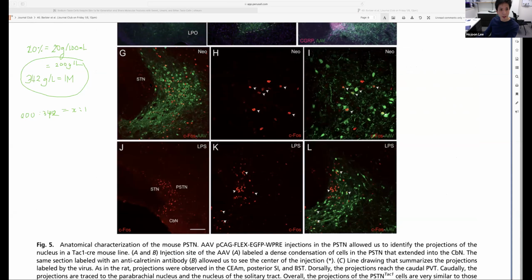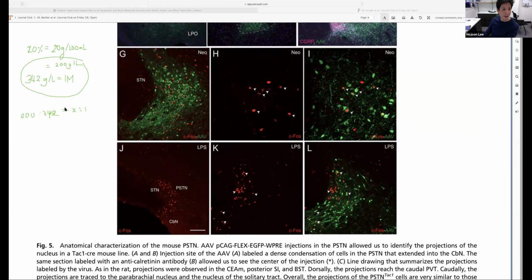Here, in G2I, they're presenting like 600 millimolar sucrose, 20% sucrose. So if some of these are activated by taste stimuli, we just have to keep in the back of our heads that this could be sucrose or taste dependent activity, the G2I.